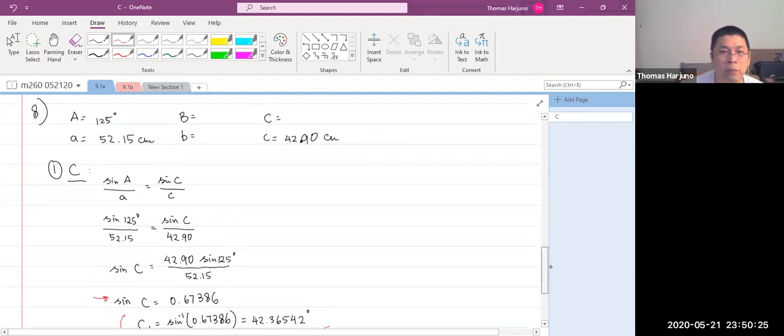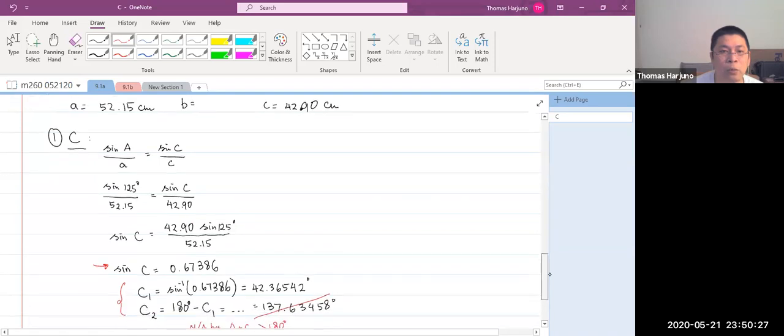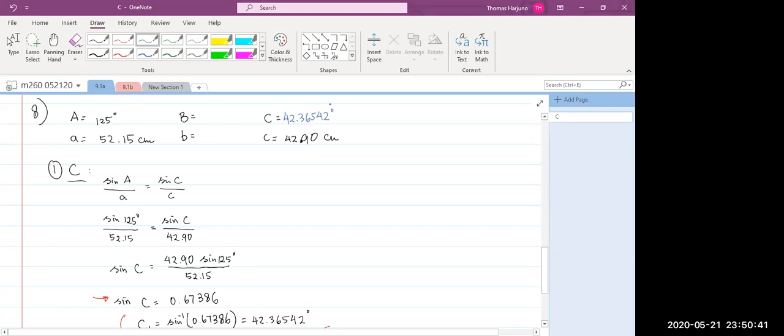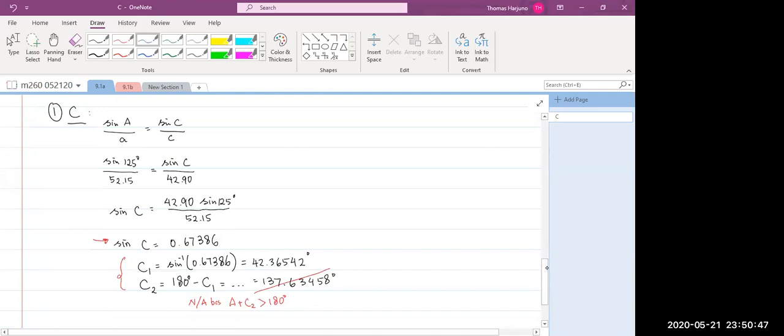So let me put it back there. That's 42.36542 degrees. When I did my calculation, I got negative 0.506.